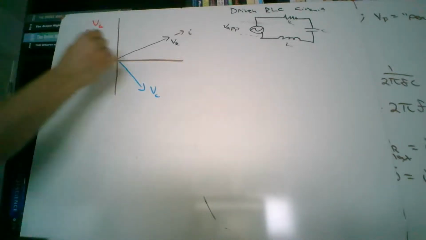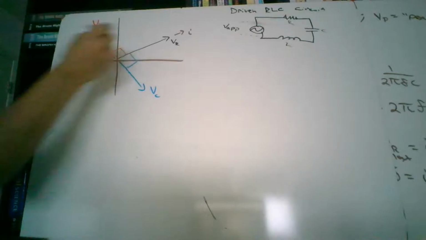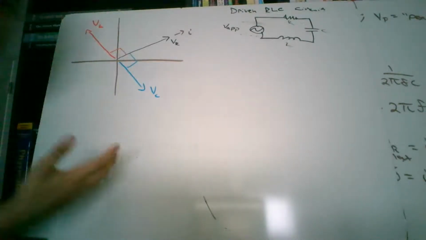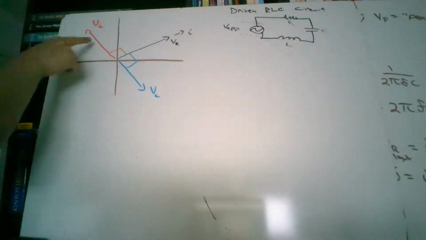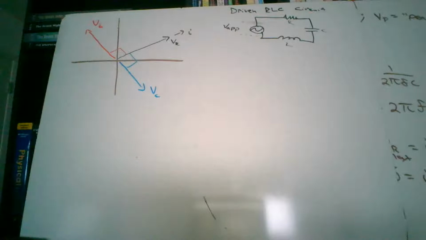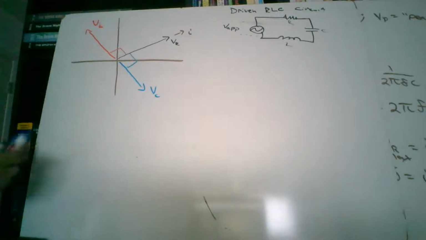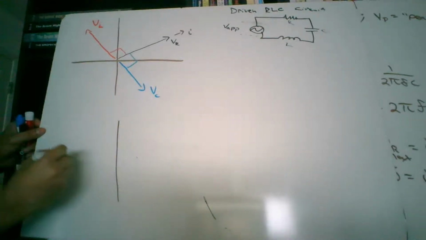Okay, so this forms 90 degrees, and this forms 90 degrees. And what we're going to do is find the applied voltage. The applied voltage is this plus that. That will give us the applied voltage. So should we do it on another diagram? Yeah, why not? Let's do it down here. So I'm going to combine some stuff together.